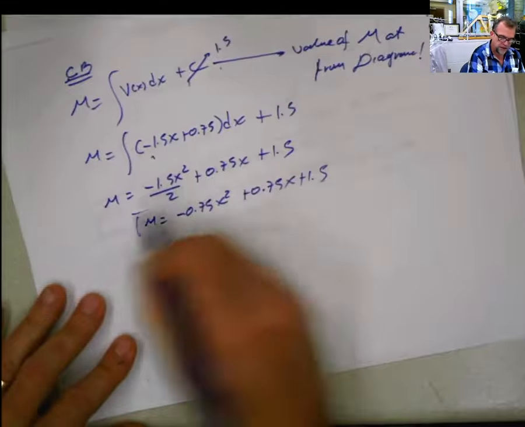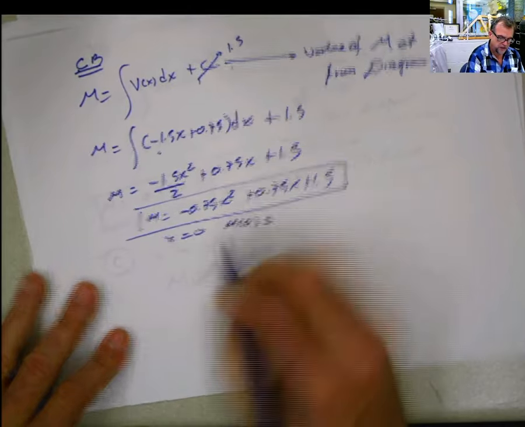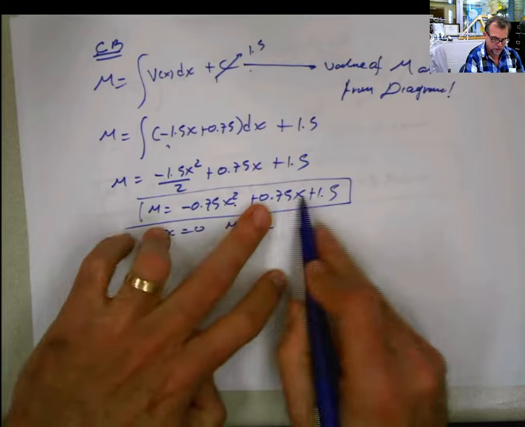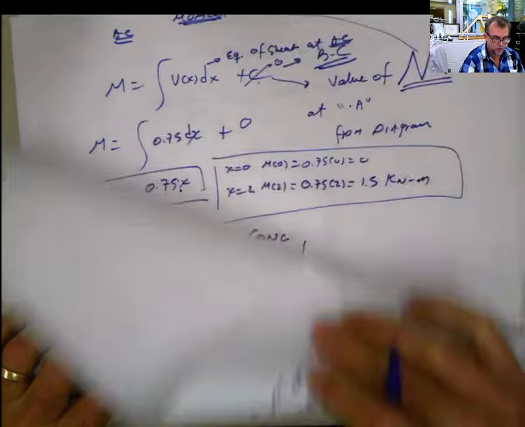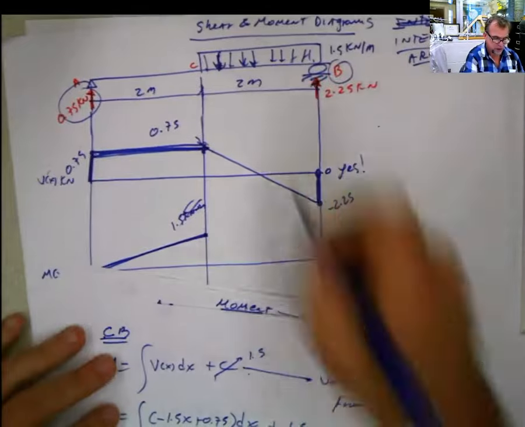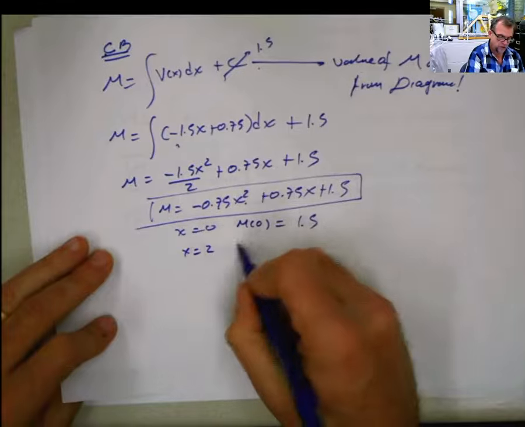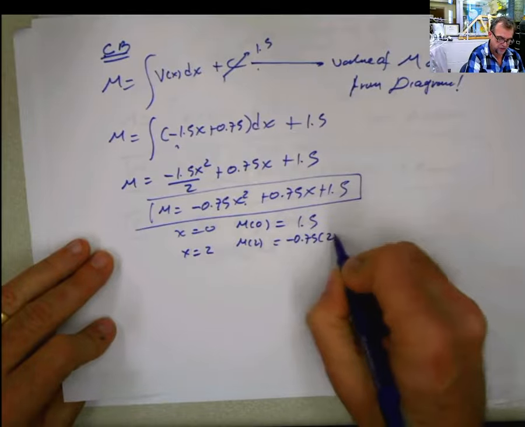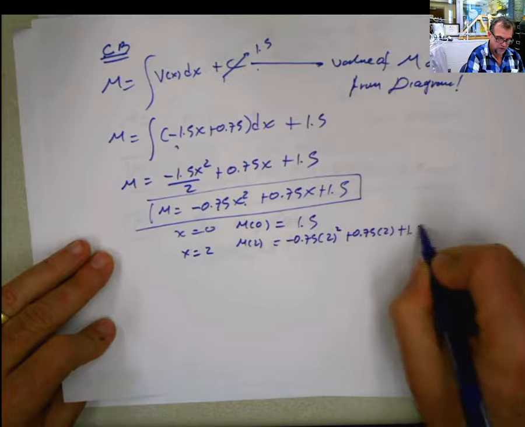Now we said for x equals 0, moment of 0 is negative 0.75 times 0, plus 0, plus 1.5. And for x equals 2, why 2? Because 2 is at the end of the span. At the end of the span, 2 here. So x equals 2, moment of 2 has to be negative 0.75 times 2 squared plus 0.75 times 2 plus 1.5.